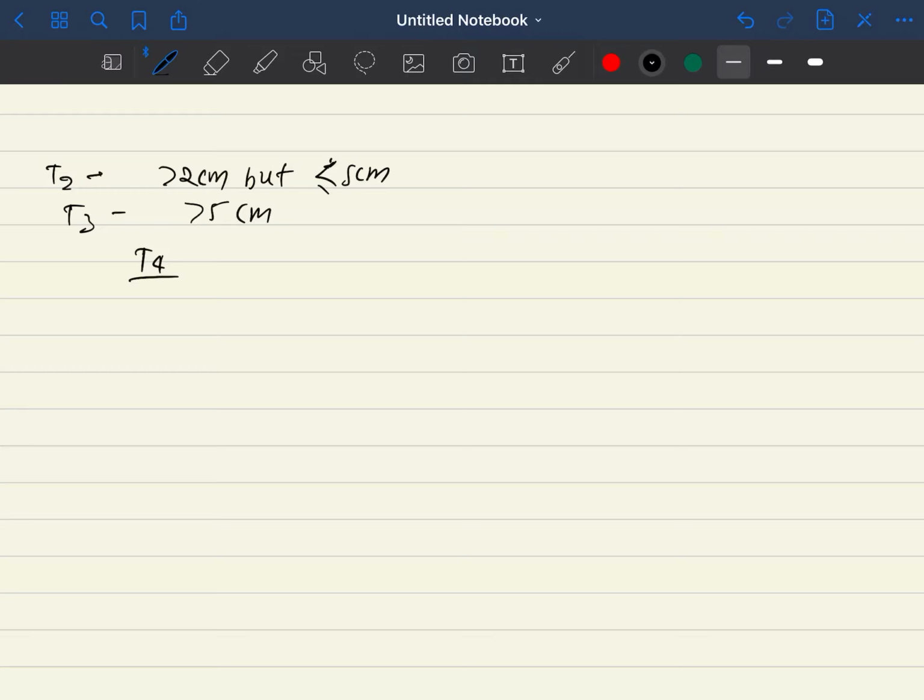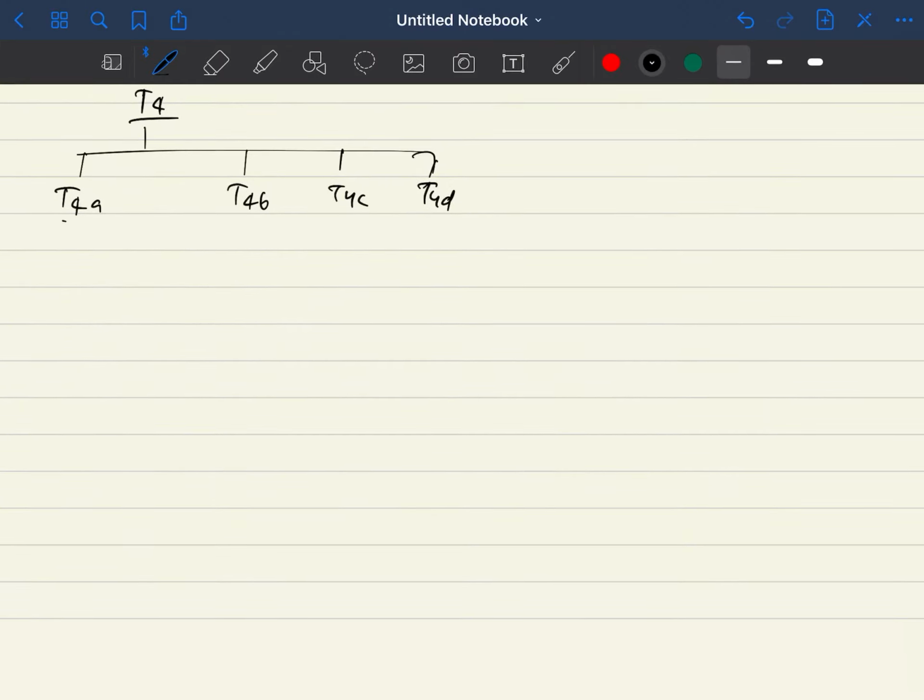T4 we can divide into 4 parts: T4a, T4b, T4c, T4d. T4a is involvement of the chest wall. T4b is involvement of the skin.